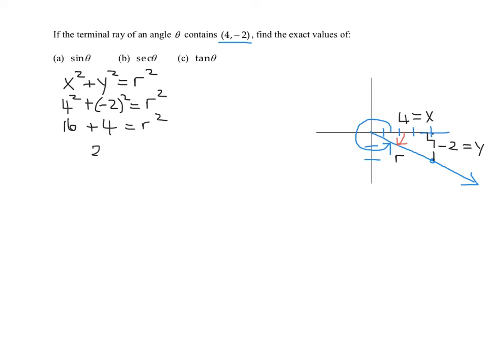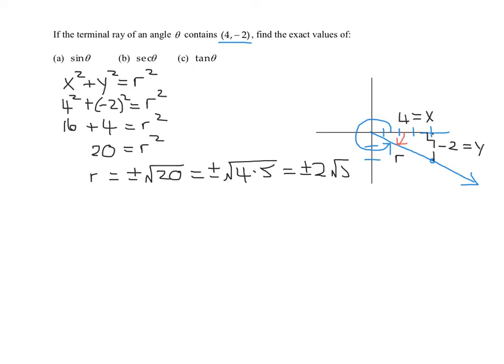So 16 and 4 is 20 equals r squared. So r equals plus or minus the square root of 20. And remember, to simplify square roots, 20 is 4 times 5. So it's going to be plus or minus 2 times the square root of 5.